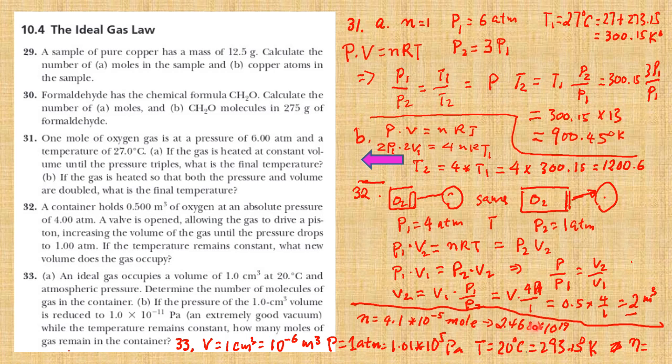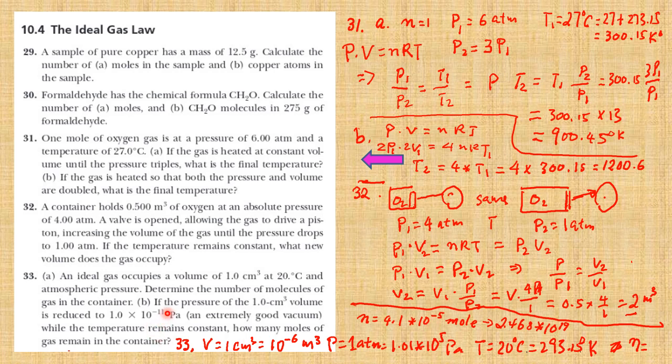So that's the first part of this question, A. And n, the number of moles, is 4.1 times 10 to the negative 5. That's how you simply solve n from the ideal gas equation with the other three quantities known.